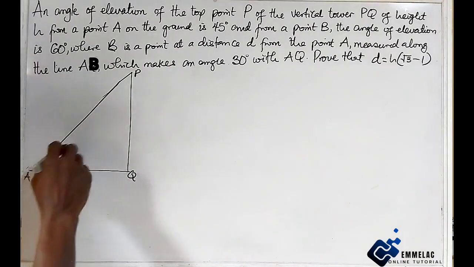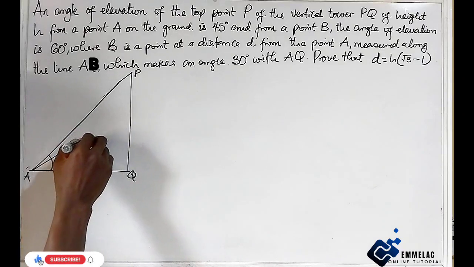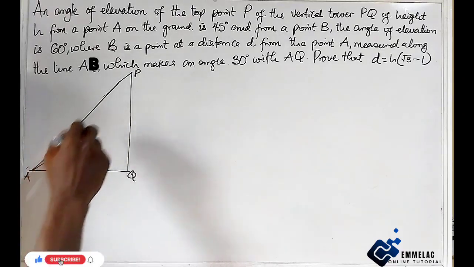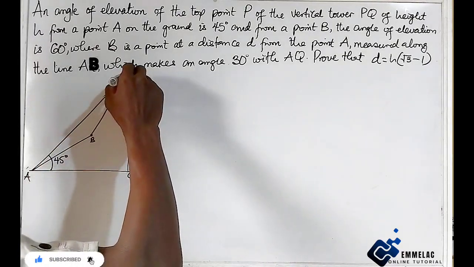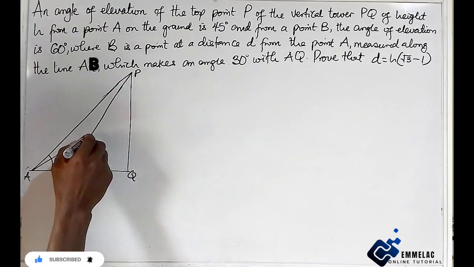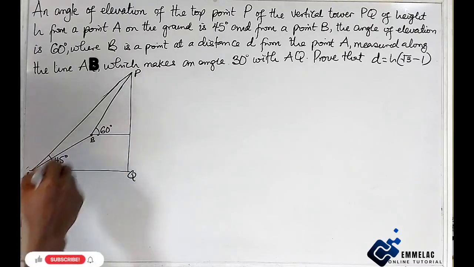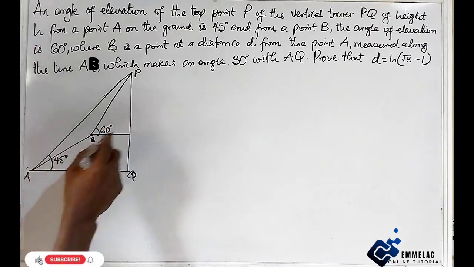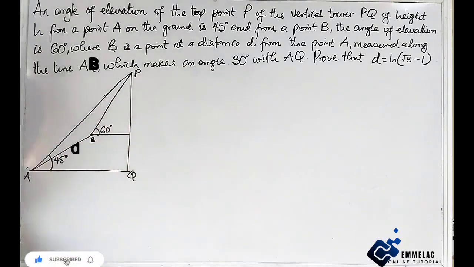So let's assume this is our point B from A, and that angle of elevation, so here you have 60 degrees. And take note, we are told that it actually makes an angle of 30 with AB.